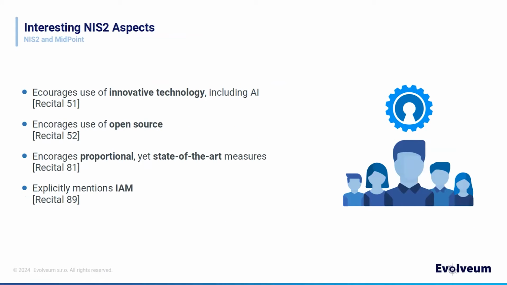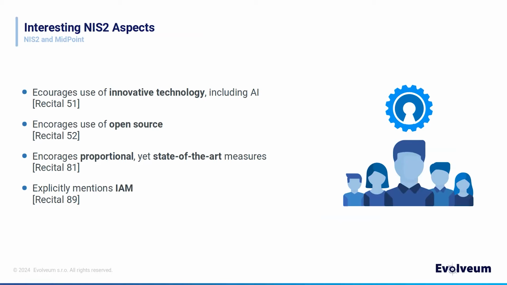There are a few more interesting parts that go beyond the usual, I would say. The first one is that the directive explicitly encourages the use of innovative technology, including artificial intelligence. That's explicitly mentioned in Recital 51.